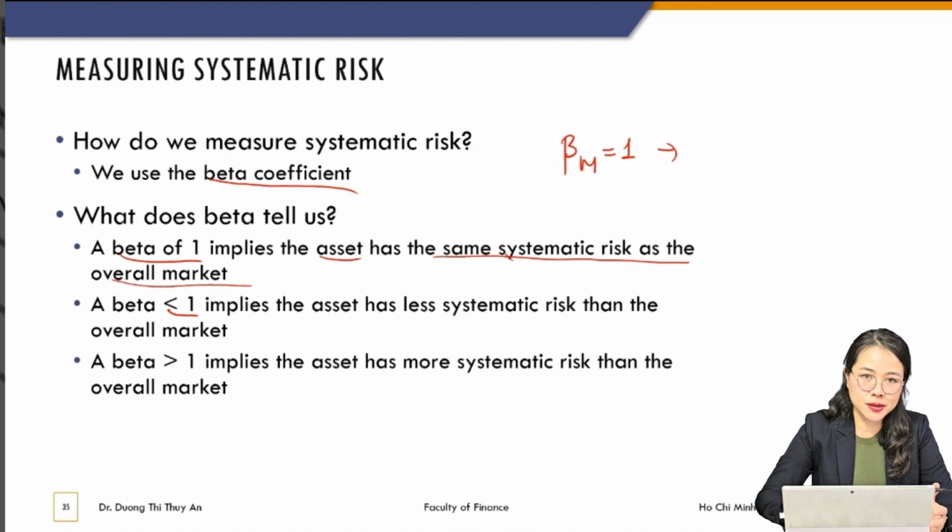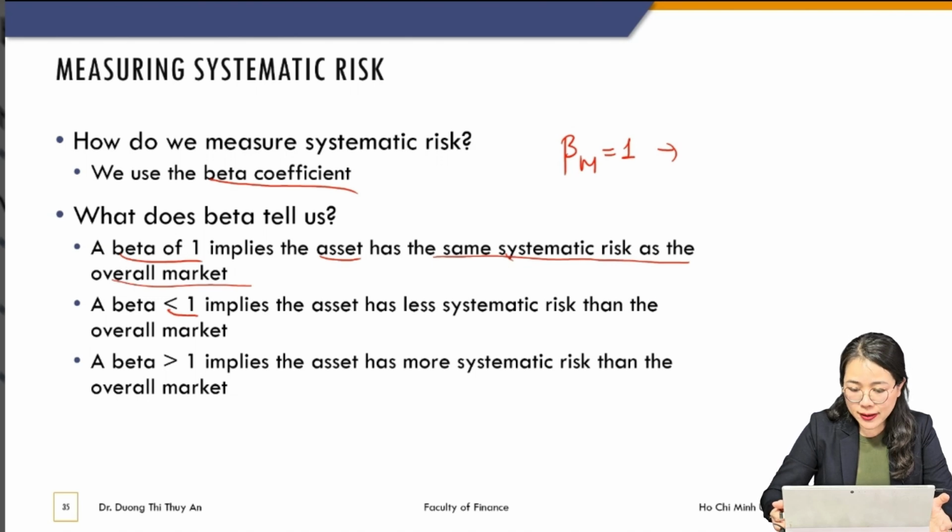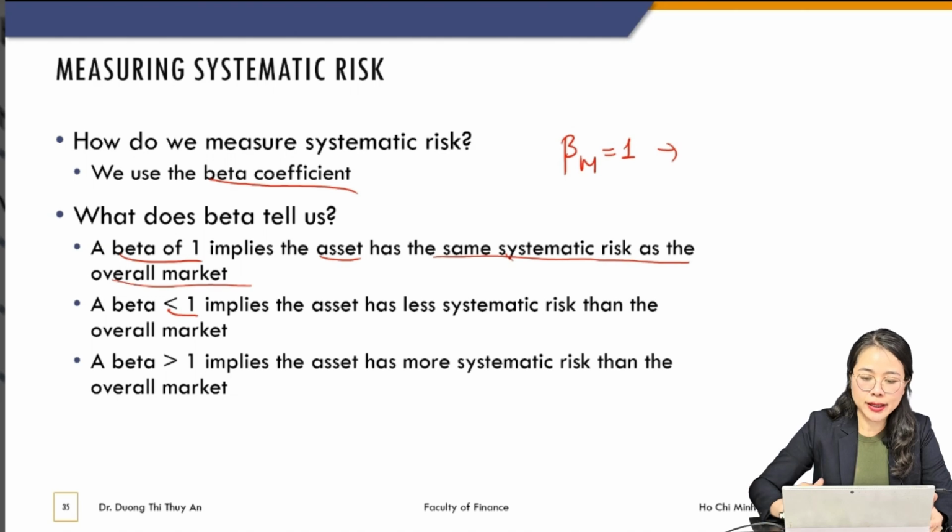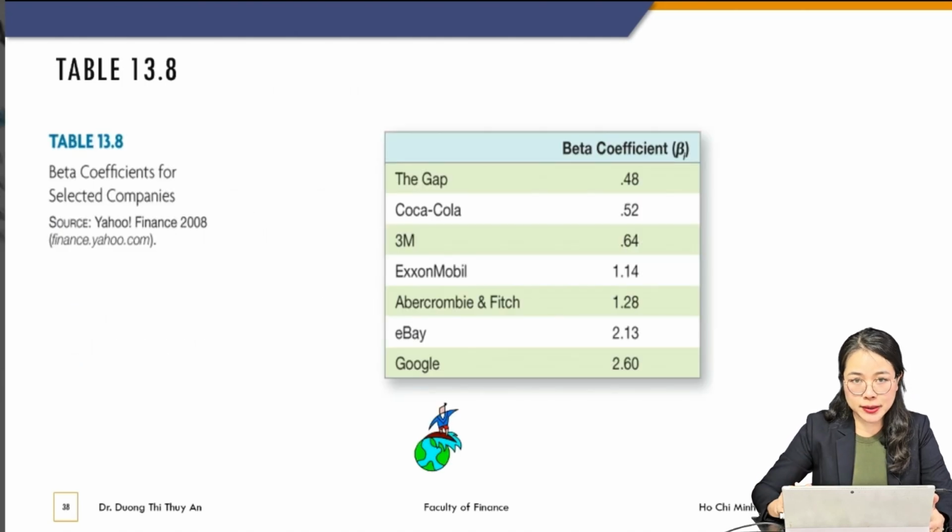For example, if you check Vinamilk, it has a beta smaller than 1, so Vinamilk has less systematic risk than the overall market. And if you check another company, for example Hoa Phat, it has a beta greater than 1. That implies that stock has more systematic risk than the overall market. Please check this for a company of your choice.